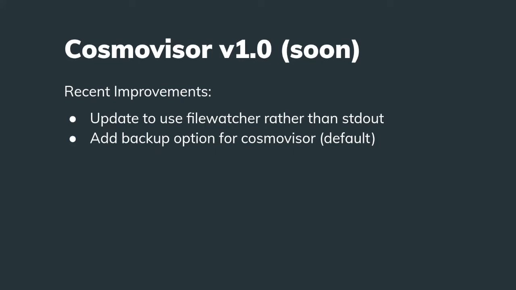So Cosmovisor v0.1 will provide support for 4.2 chains and earlier, and then 4.3 chains should be using Cosmovisor v1.0 moving forward. Both will have the backup option, and you can expect to see those releases out soon as well.